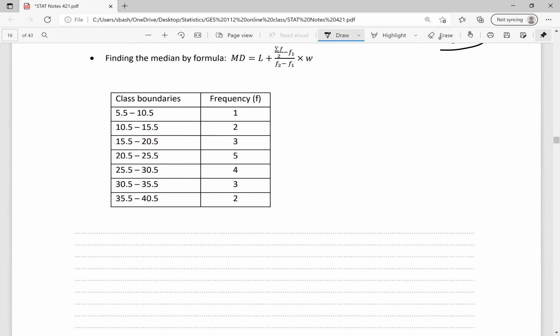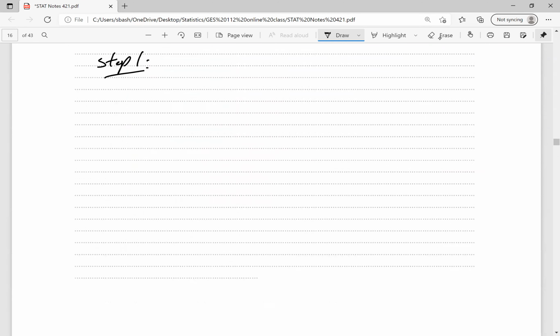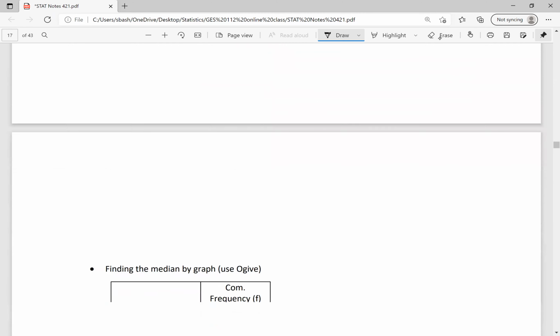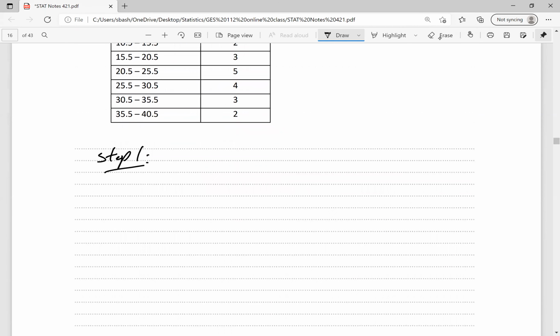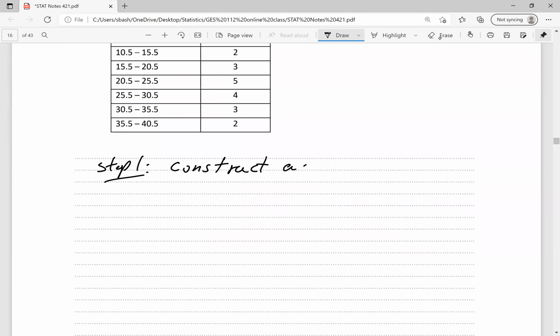So step number one, construct the cumulative frequency distribution.